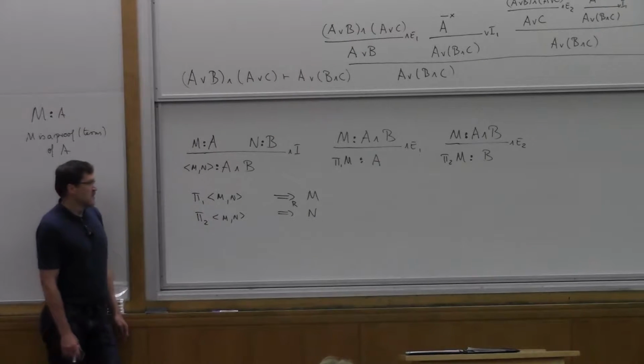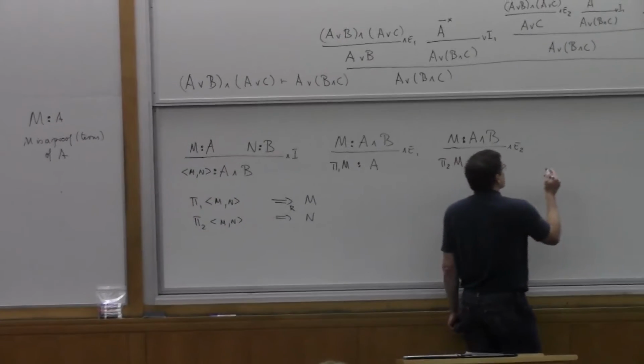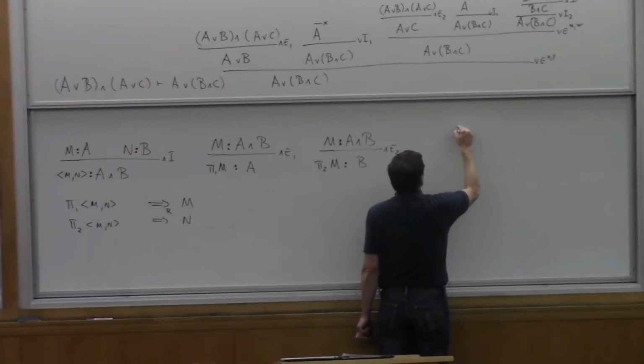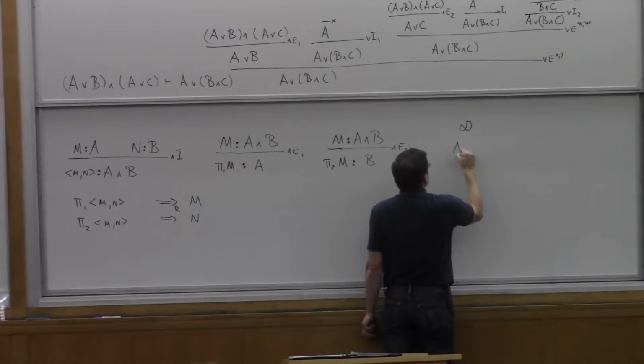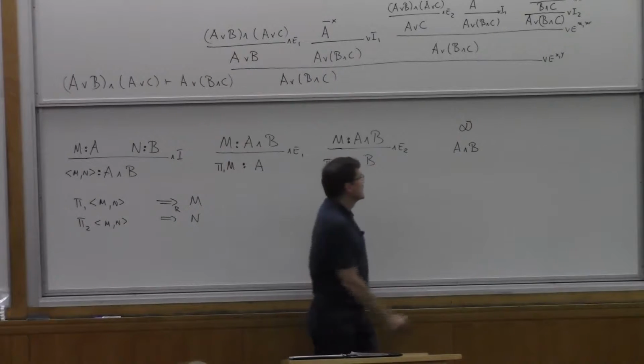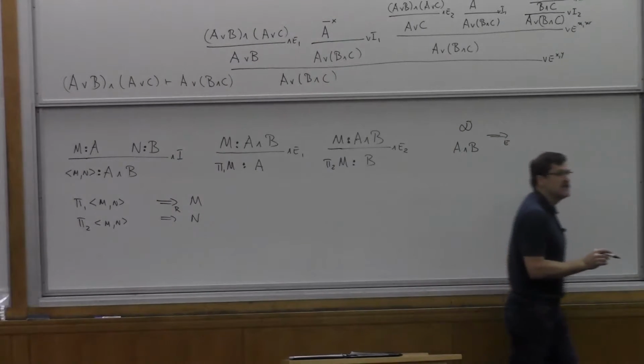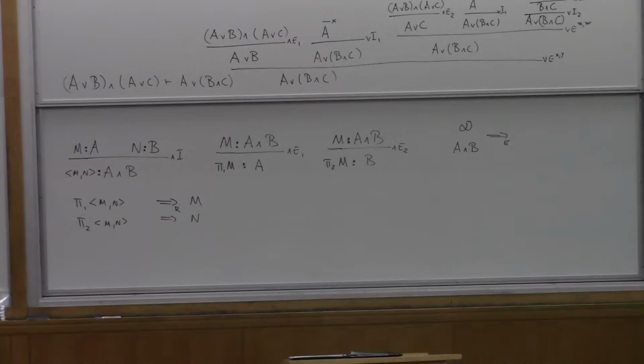What was our local expansion? That's a little bit harder to remember, so let's write it here. If you have a proof D of A and B, anybody remember how this works? If we expand it into, somebody can tell me? The pair consisting of the first projection and the second projection. Right.